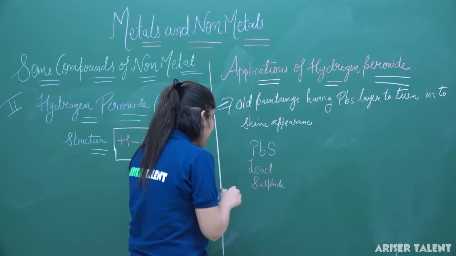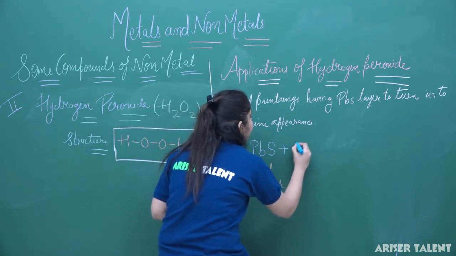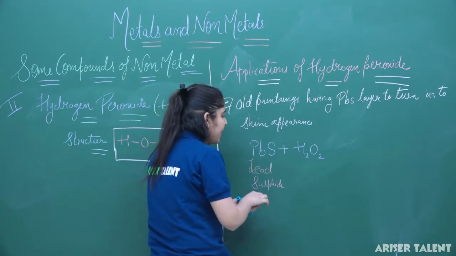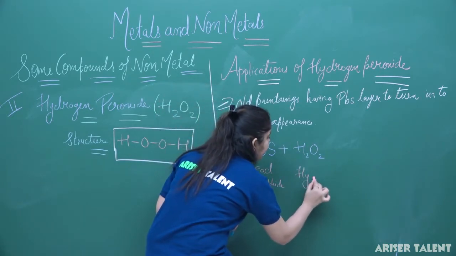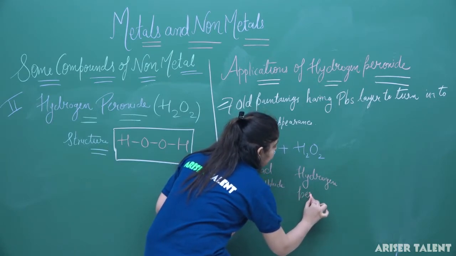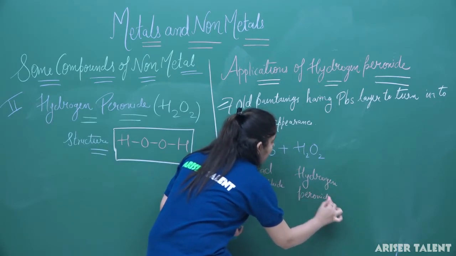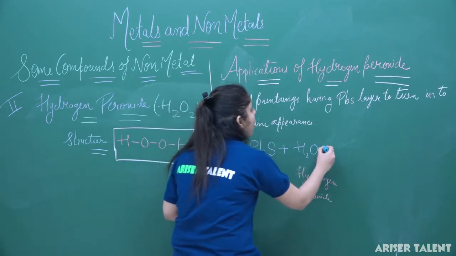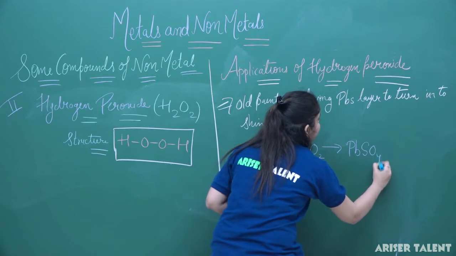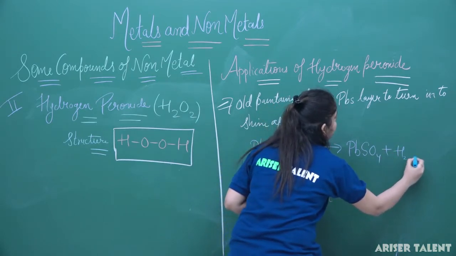This lead sulfide layer is treated with H2O2, hydrogen peroxide. What will happen? This will form a compound known as PbSO4, that is lead sulfate, along with water.